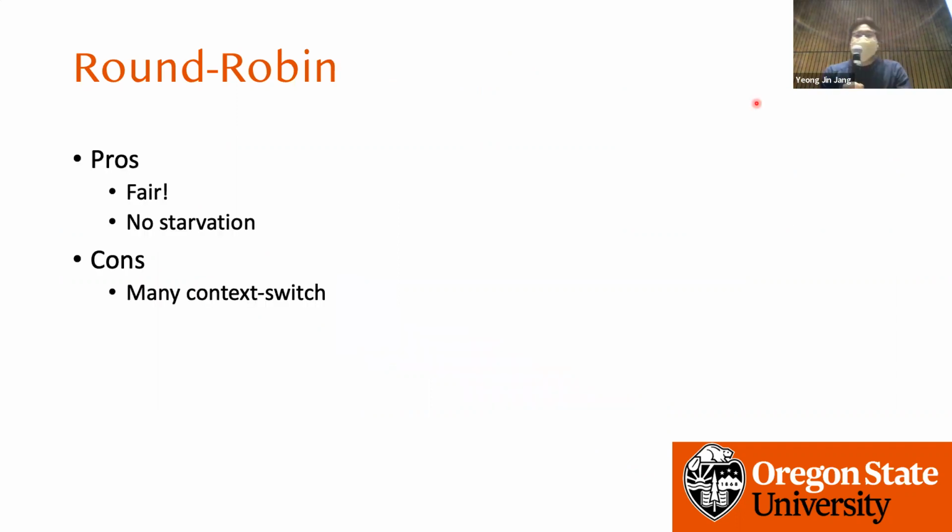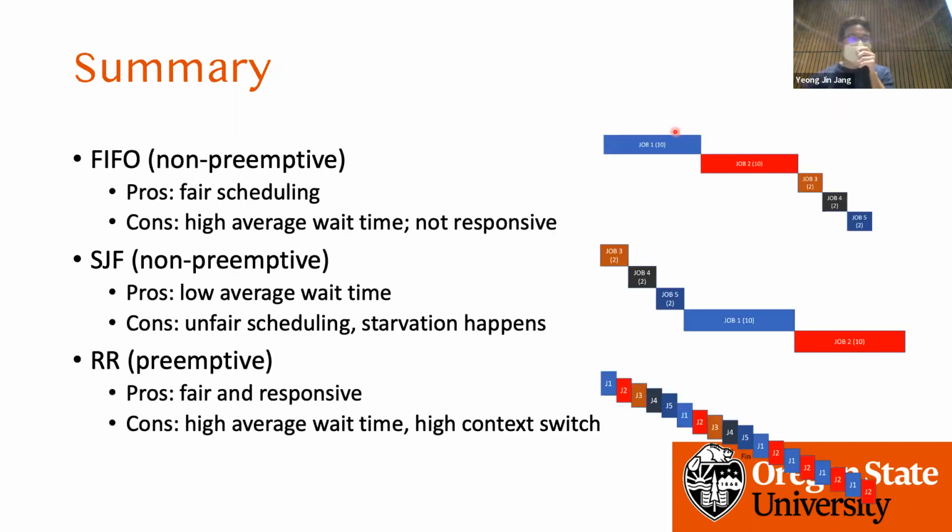So the process of this approach is that it's fair, and then there will be no starvation. So if you just wait, then it will give one time slot for each process, and then again and again. But the problem is that there could be too many context switches. So just see it.